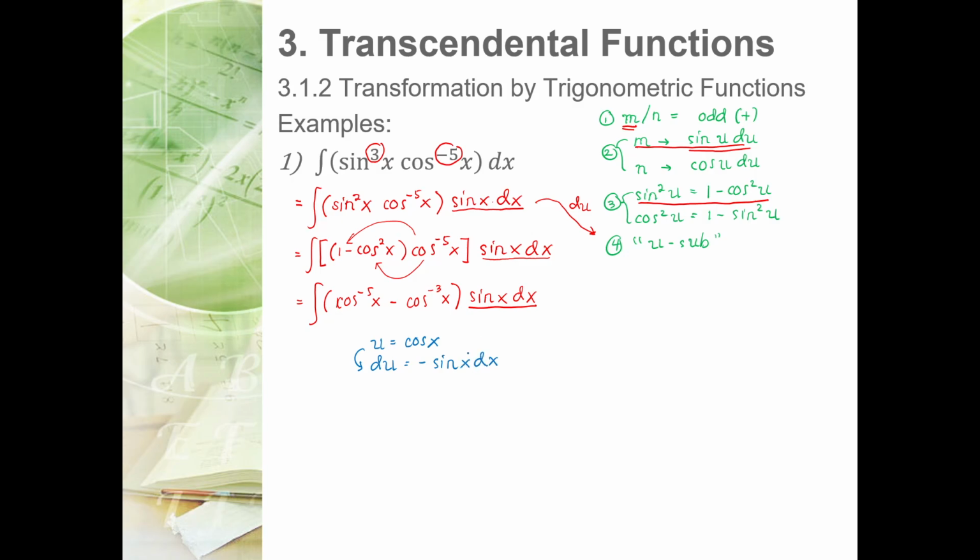That's why I termed it as a candidate for du, because not all the time is your sine x dx always du. In this case, your final value for sine x dx is negative du. It might be du over 2, negative du, or any value of the du that we determine in the u sub process. So this one is our negative du, and this one is our u parameter.